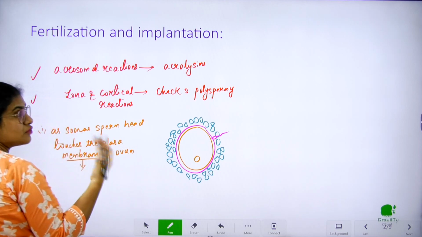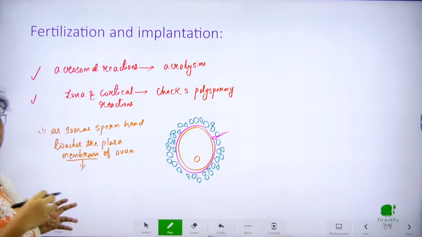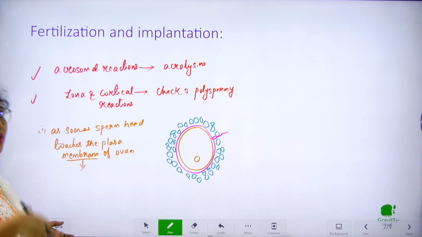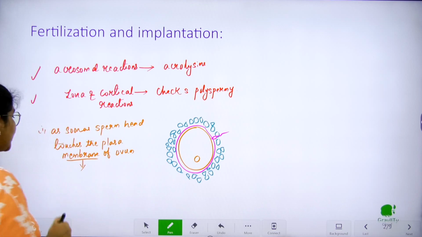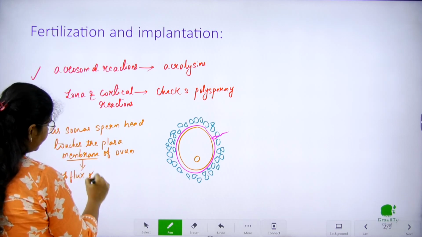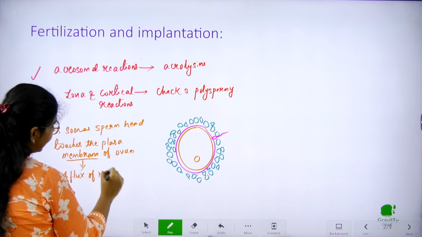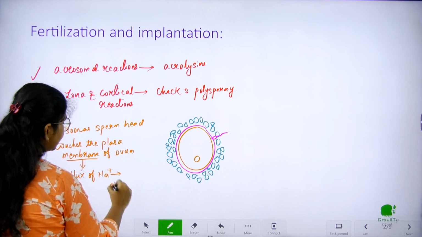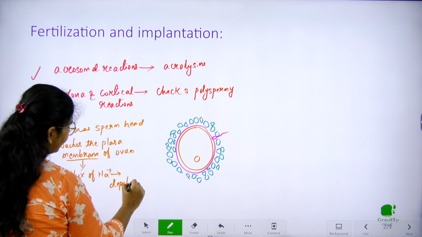There will be influx of sodium. We have already learnt in the neural control and coordination chapter how depolarization happens. Influx of sodium causes depolarization. There will be influx of sodium into the secondary oocyte. This causes depolarization of the membrane.